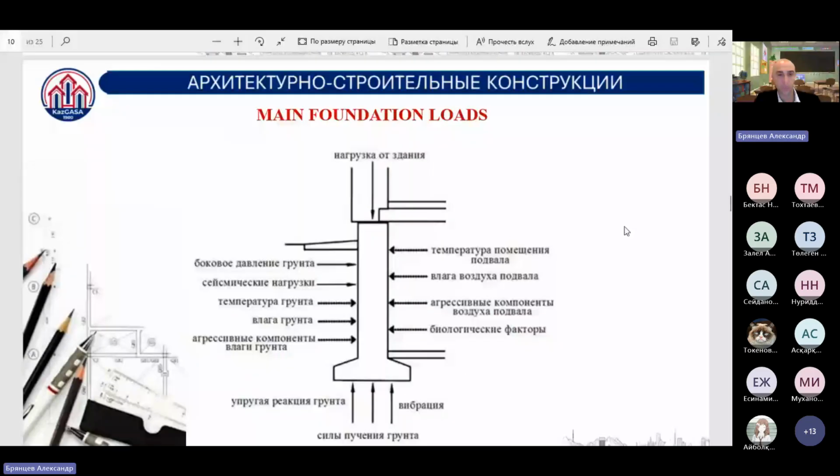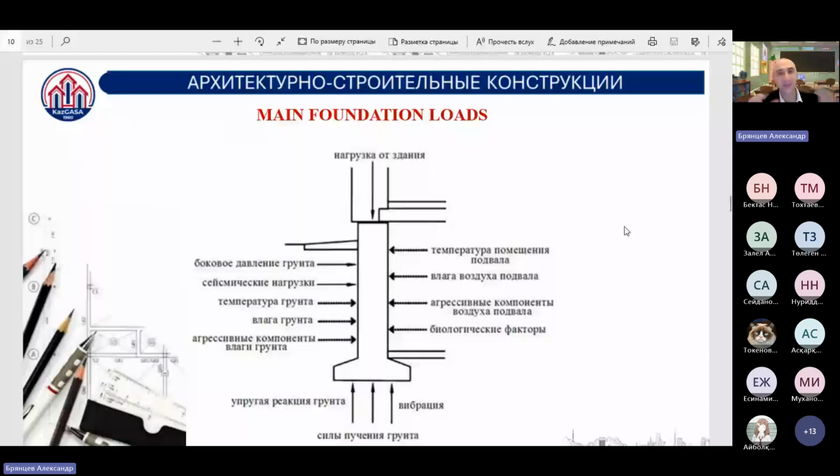This slide illustrates the main loads acting on the foundation. Foundations operate under complex load conditions, and they should be able to accept all of them without any cracks and failures.